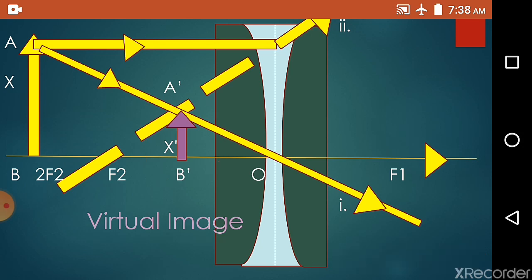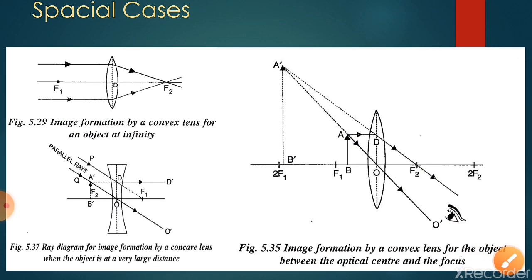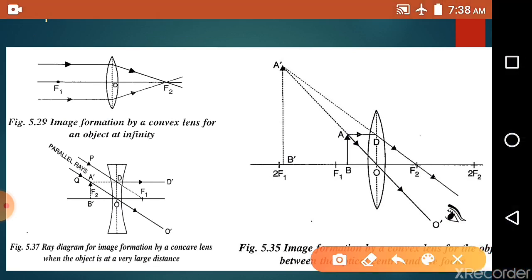Now let's see some special cases. What we found is that in the case of a concave lens, we always have virtual images. Here, this is the image formed when the light rays come from an infinite object, that is, an object at infinite distance.